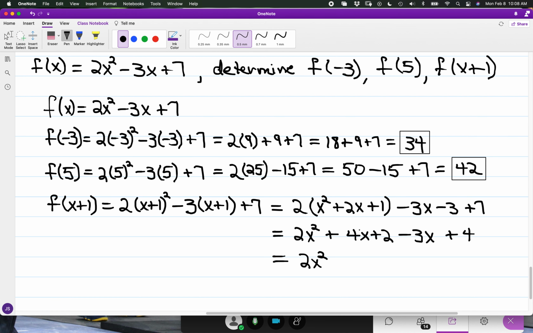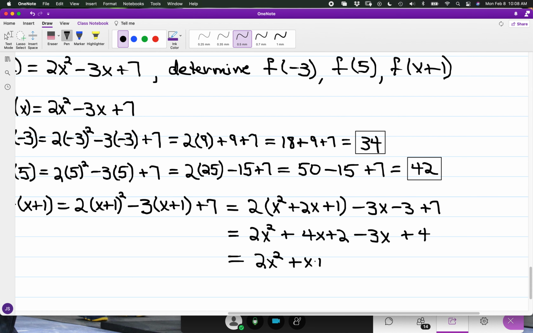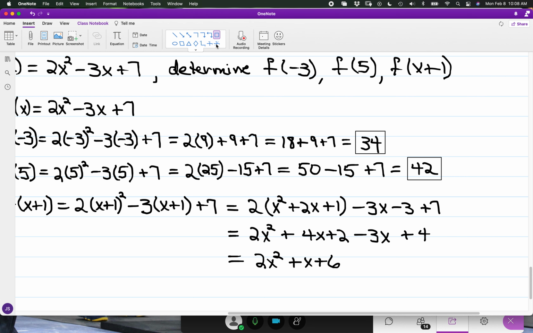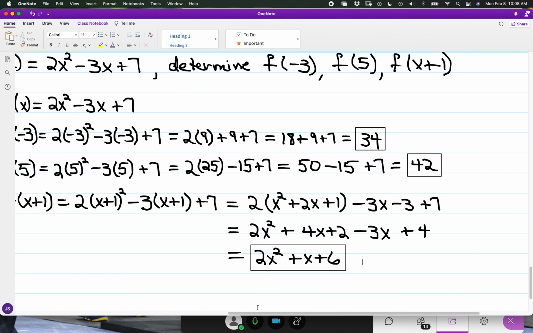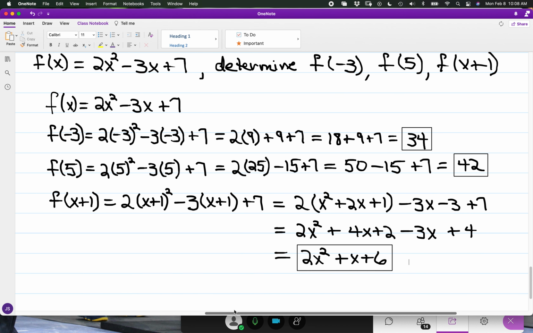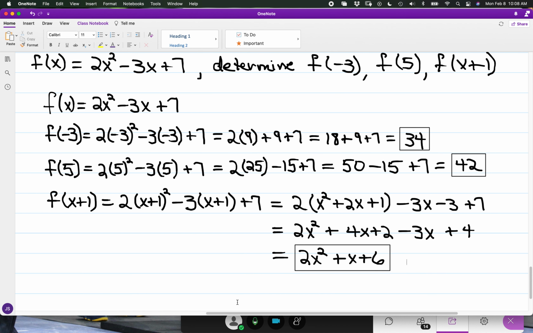For the x terms, 4x minus 3x leaves us with positive x. And with the constants, 2 and 4 come out to positive 6. So variable input in this case with x plus 1 leads to a variable output, in this case 2x squared plus x plus 6.